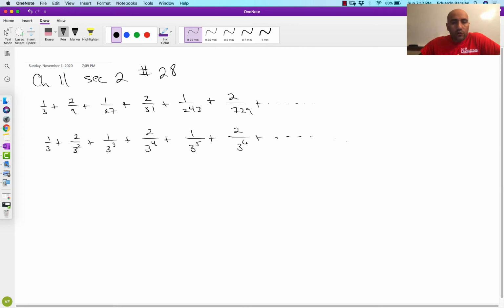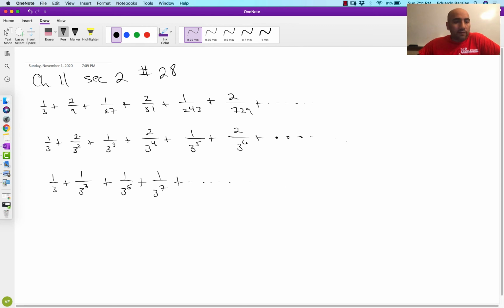So what we could do is regroup them. So let's regroup them as 1/3 plus 1/3 to the 3rd power plus 1/3 to the 5th power plus 1/3 to the 7th power plus dot dot dot, like that.